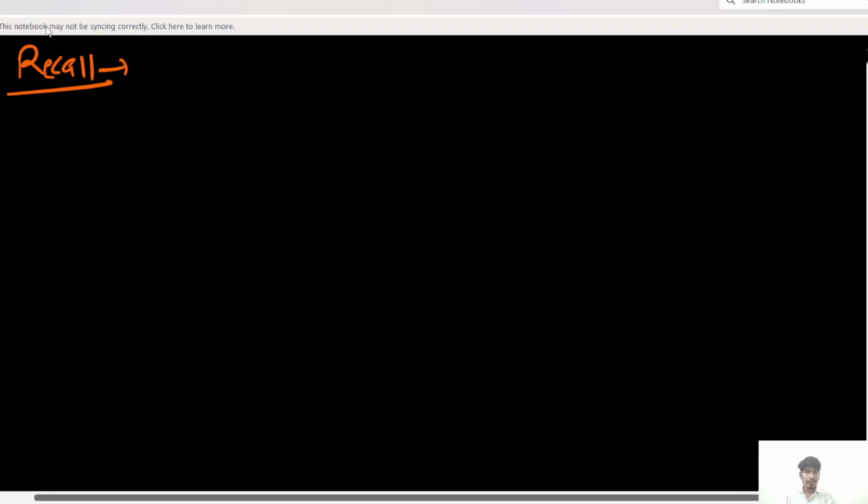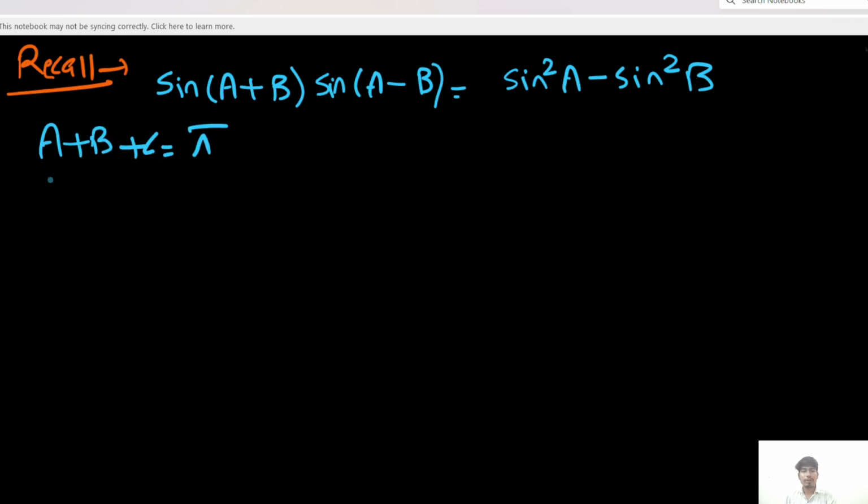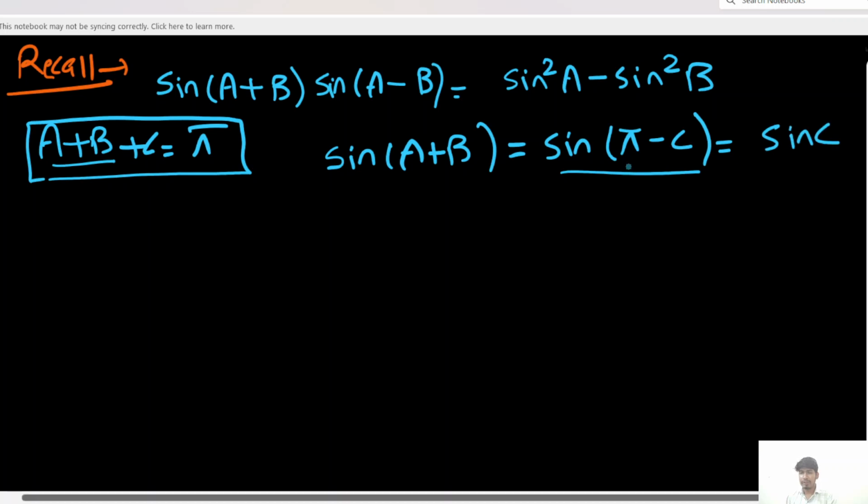First formula is sine of (A plus B) into sine of (A minus B), which is sine square A minus sine square B. Our next formula: if A plus B plus C is pi, meaning these are angles of a triangle, then sine of (A plus B) is sine of (pi minus C), and sine of (pi minus C) is sine C because pi minus C is in the second quadrant and sine is positive in the second quadrant.